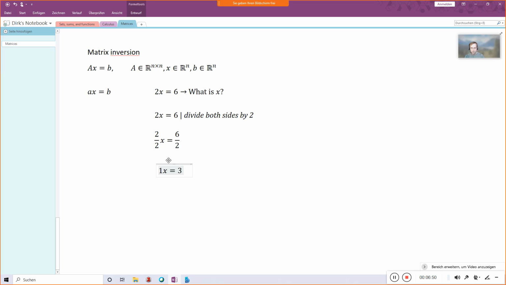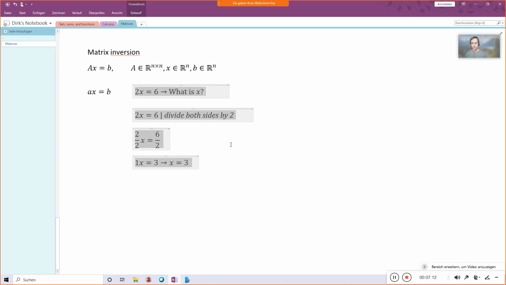And from this, because 1x is 1 times x is the same as x, you then get the answer x equals 3. So you basically solved this algebraic equation for the unknown by applying the anti-operation to multiplication and solving for x.